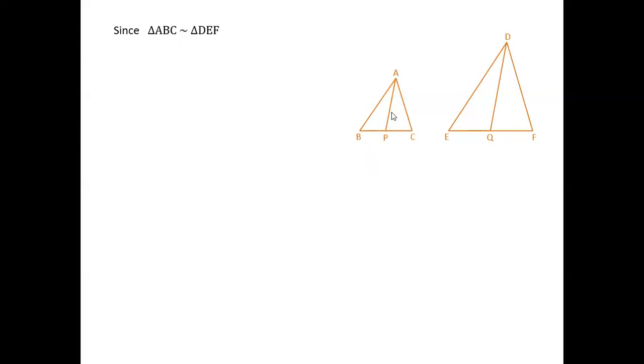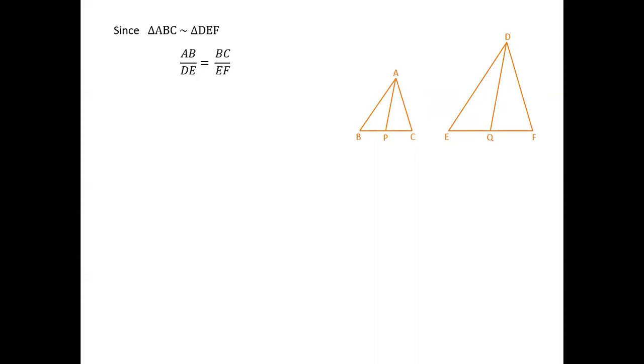In triangle ABC and triangle DEF, since these two triangles are similar, AB upon DE is equal to BC upon EF. If the triangles are similar, the ratios of the corresponding sides are equal.